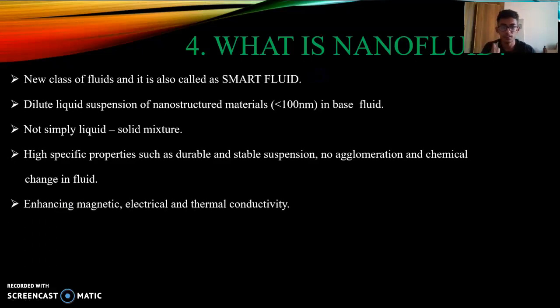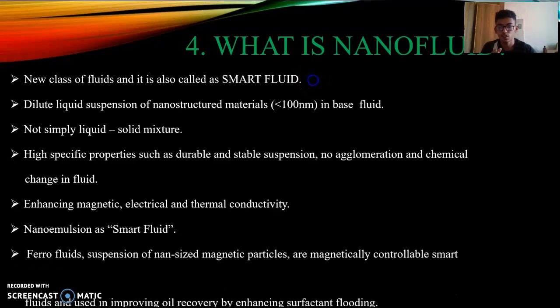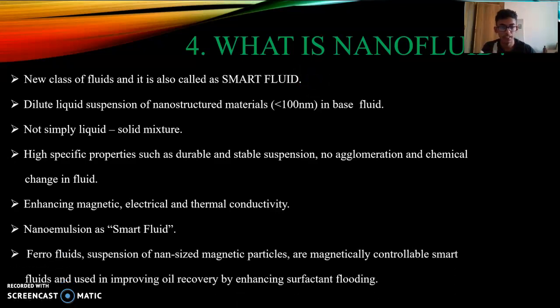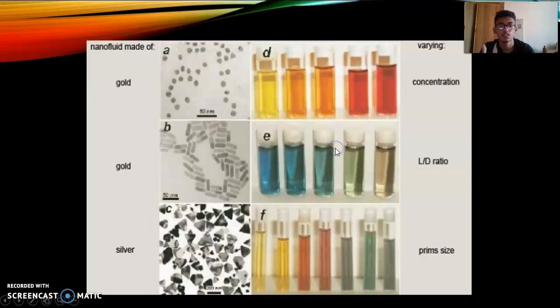It has an enhancing power of magnetic, electrical, and thermal conductivity. Nano emulsions are used as smart fluids. Ferrofluids, suspensions of nano-sized magnetic particles, are magnetically controllable smart fluids and used in improving oil recovery by enhancing surfactant flooding.